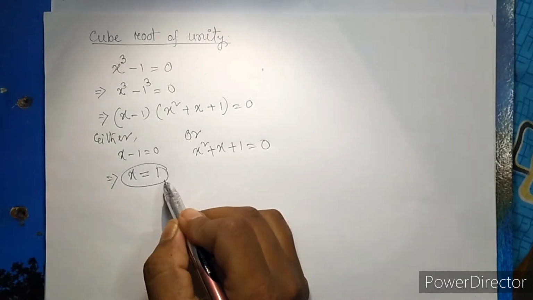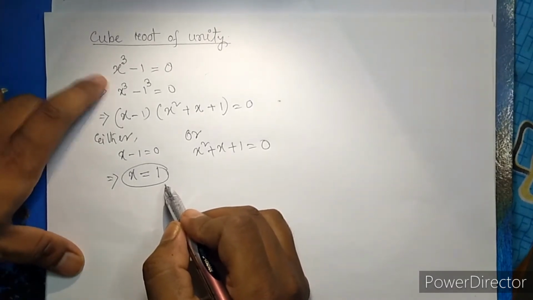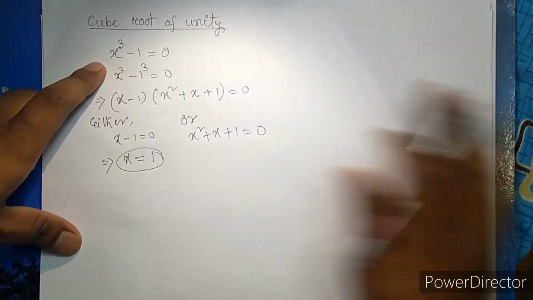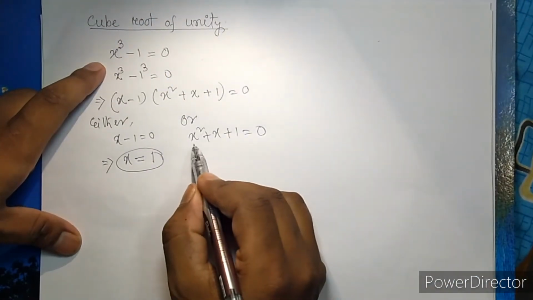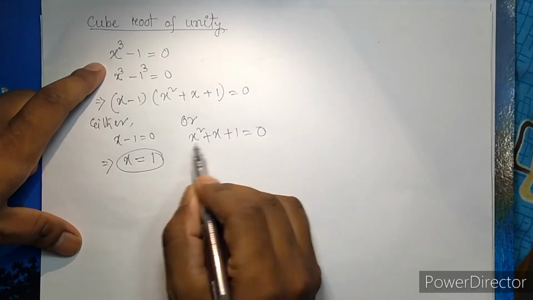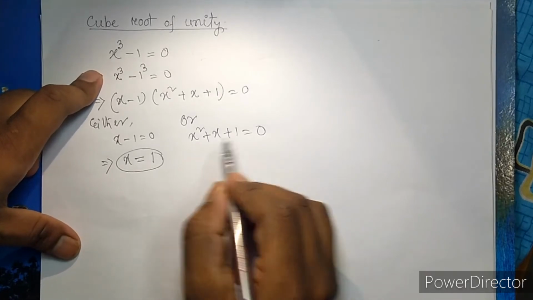Similarly we have to find the other two roots. Since it is a cubic equation, it has 3 roots. Let's try to find the other roots from this quadratic equation. Since it is a quadratic equation, it has 2 solutions.